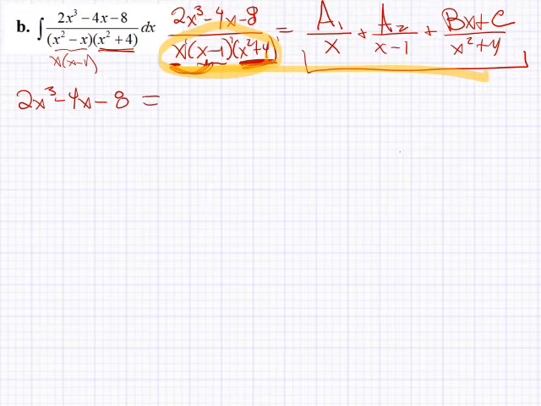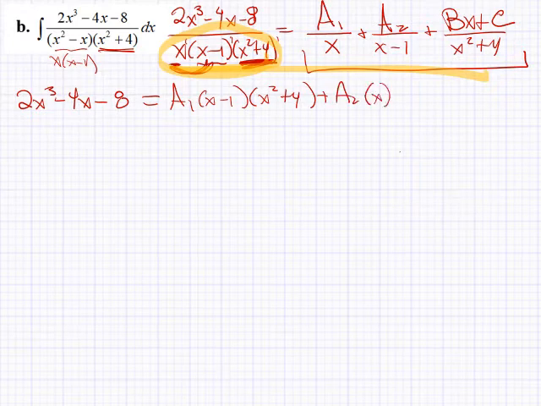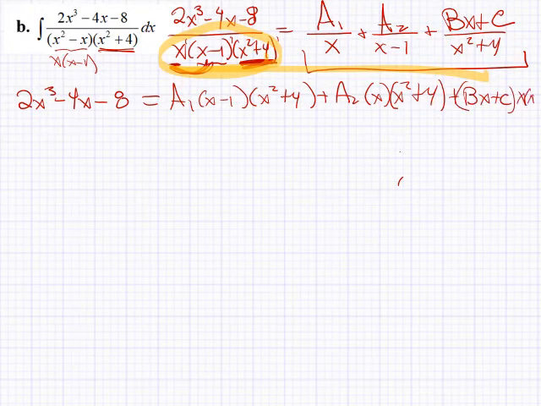And it makes the right side turn into A1 times, well, the x's will cancel, so then I'll be left with x minus 1 times x squared plus 4. Then A2 times x times x squared plus 4. And then Bx plus C times x plus 1.